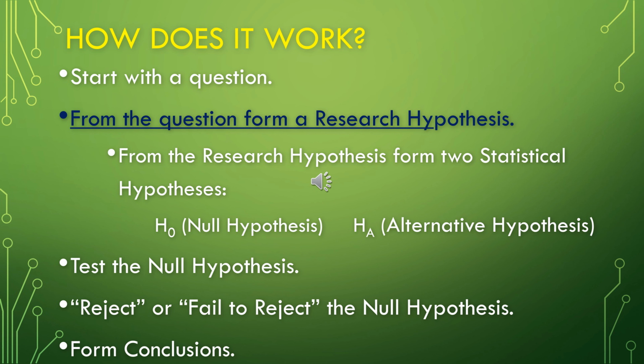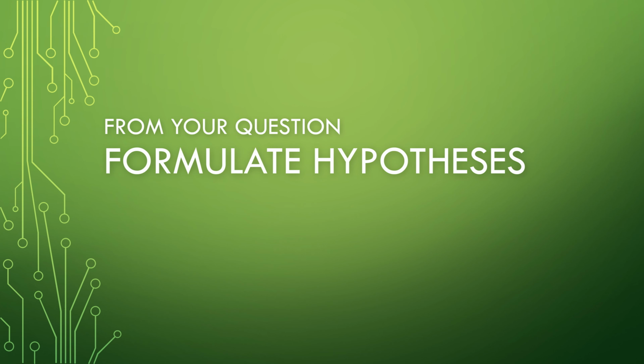Okay, so we have a couple of questions. From the question, we form a research hypothesis. We need to be careful about our wording of our research hypothesis because it corresponds to our question. So we need to read the question and form the research hypothesis exactly in the way the question is asked.